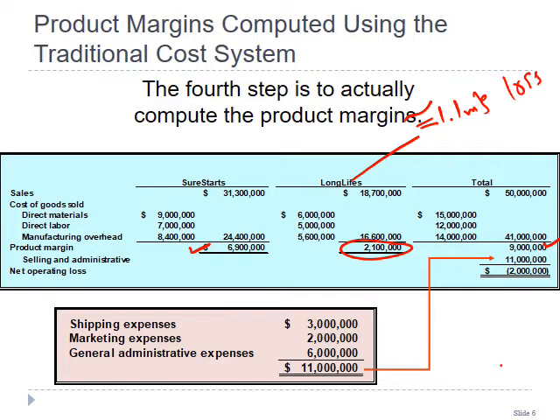I hope right now you are getting my point. That is, if we use one rate, we get a different picture for these two products. So if we use traditional costing methods, the whole scenario is changed.